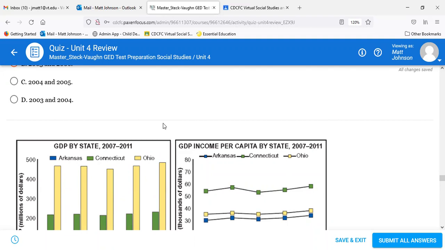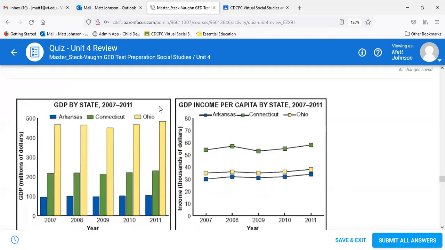So what you're looking at here then is GDP income per capita. Great, Ohio has this huge 500 million GDP, but per capita, what does that mean for each individual? Well, as it turns out, Connecticut per capita, per person, has a higher GDP. So each individual in the state of Connecticut represents a larger amount of the value of the goods and services for the state. And Ohio comes way down and closer to that of Arkansas.